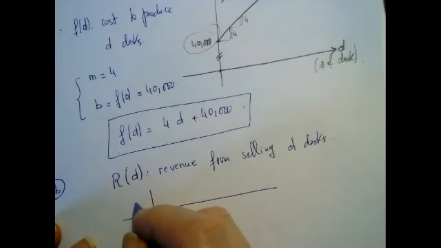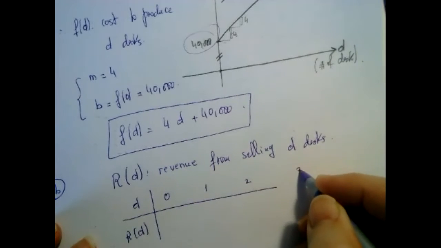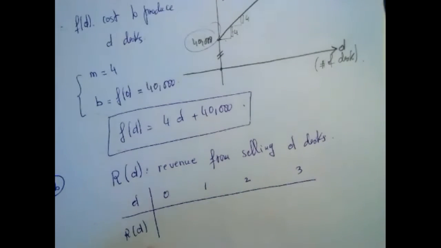Let us understand. D, the revenue. 0, 1, 2, 3. If D is 0, what's the revenue quickly? 0. You don't sell, there is no money.